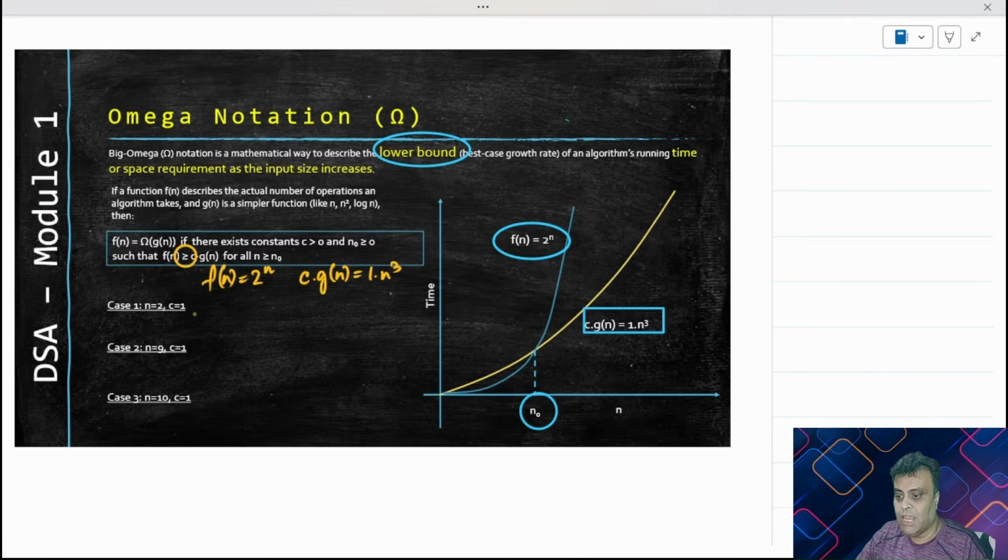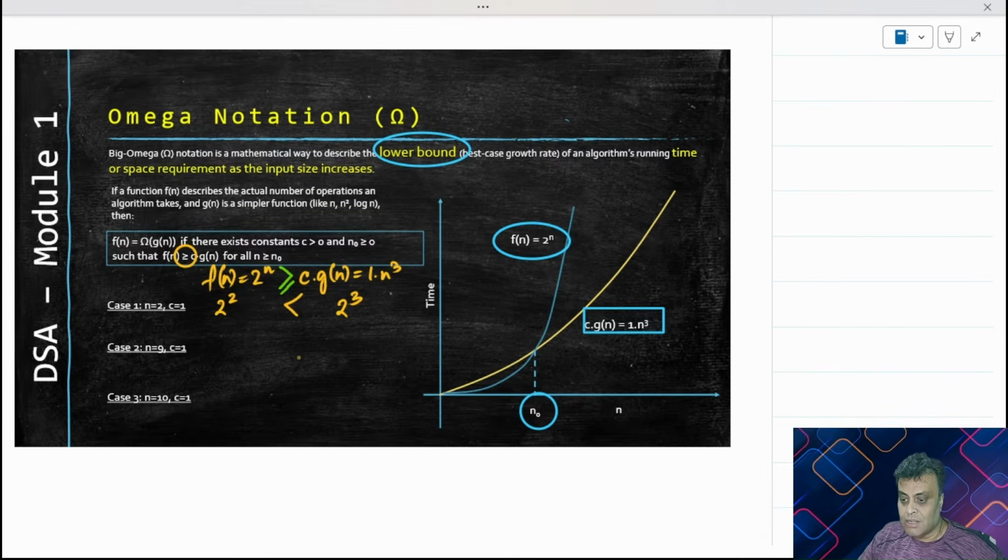So for case 1, n equal to 2, c equal to 1. If n is equal to 2, then this becomes 2 to the power 2, and this becomes 2 to the power 3. We have to prove that Fn is greater than or equal to, but this definitely is not greater than or equal to, this is less than.